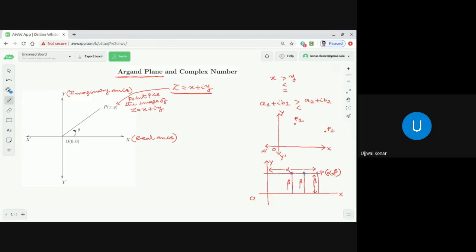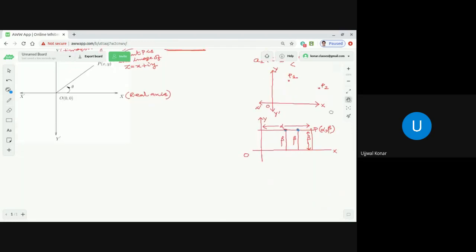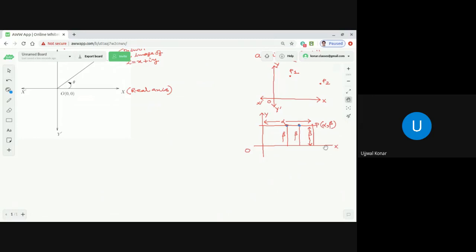Can you do it in some different way? Let us try. We can do it in a different way. And that form we are going to learn now, and it has a lot of significance in the complex number discussion as well.